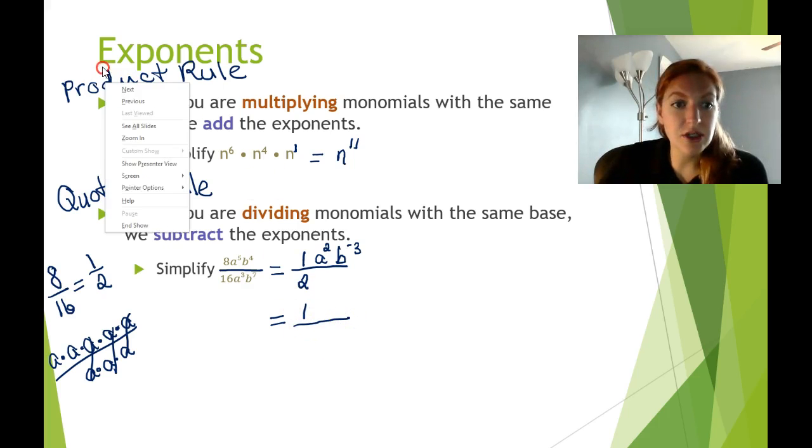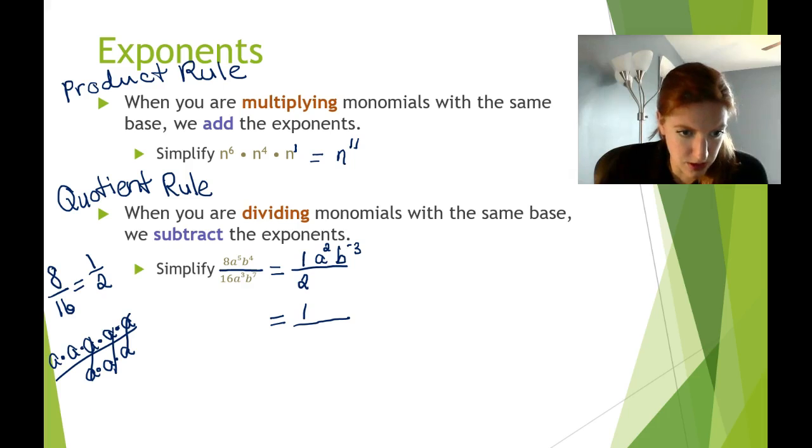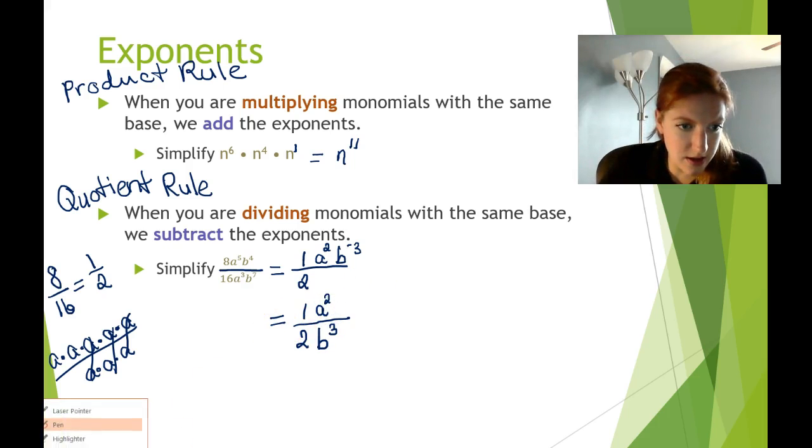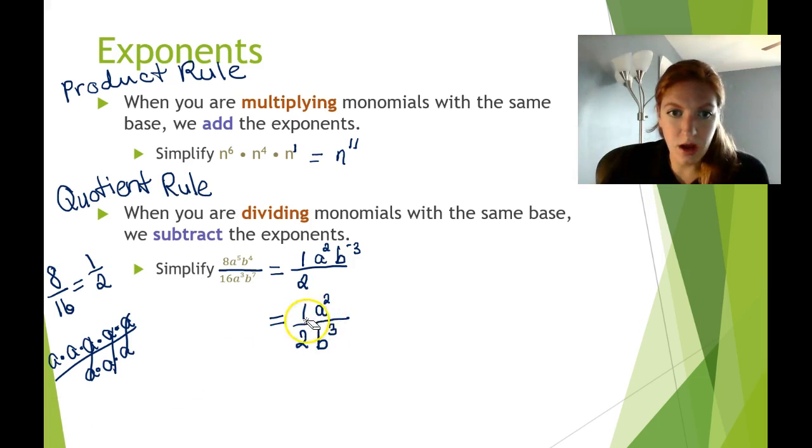So this is actually going to turn into 1/2, b to the third on the bottom and a squared on top. I don't need to write that 1 up front because you're multiplying by 1, so it doesn't really matter. I just like to put it there as a placeholder in case everything else cancels.